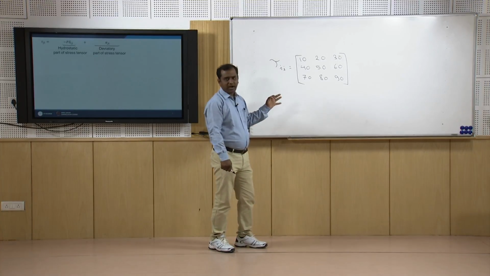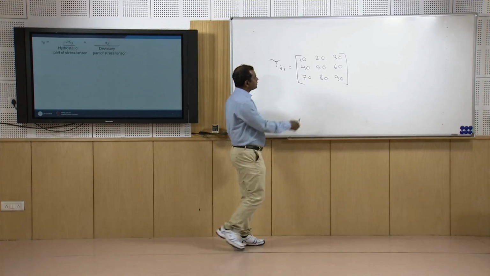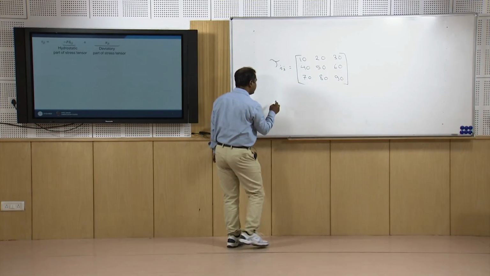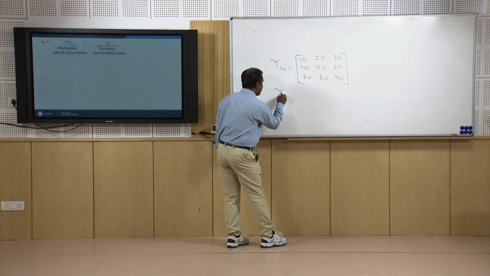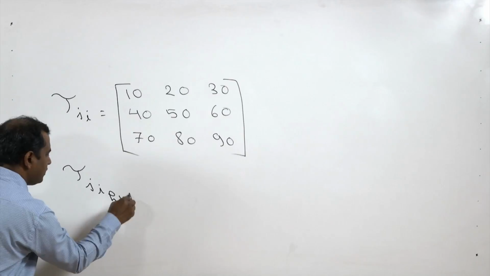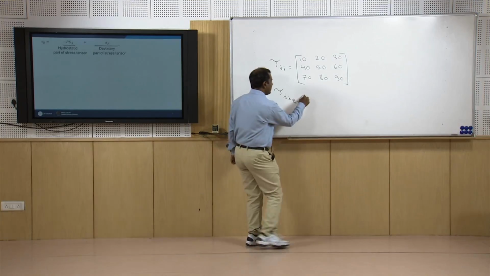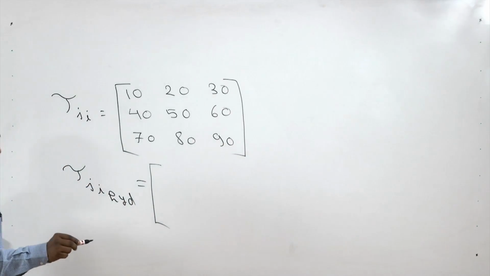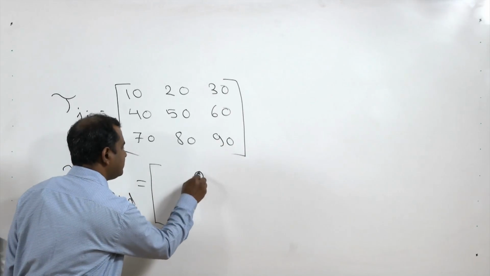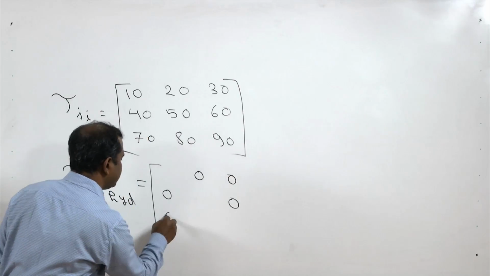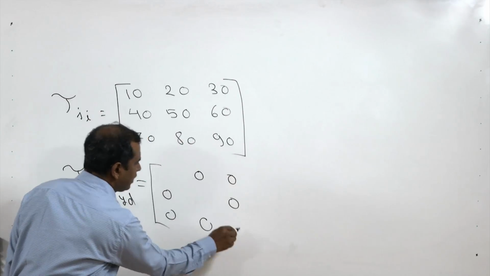Now, for the first part, hydrostatic part, we will be considering only the diagonal terms. So, tau ji hydrostatic part can be written as, this is actually having only the diagonal terms, rest terms are 0. So, only the diagonal terms will be remaining.